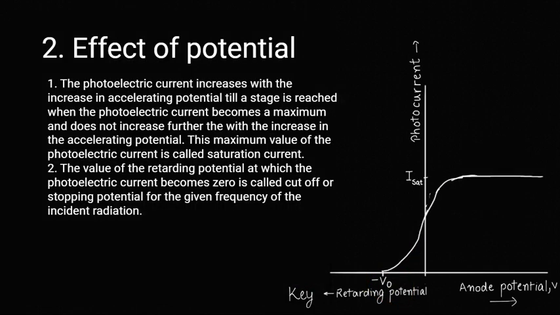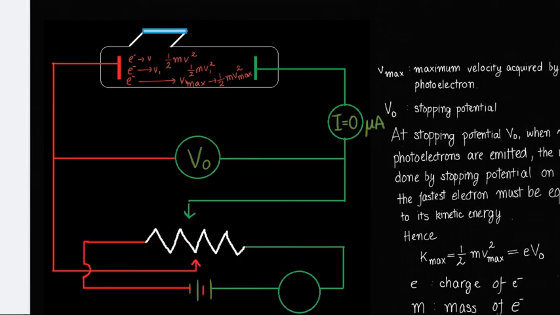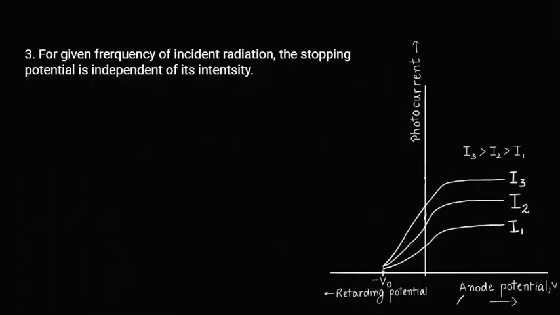So you can add a third point to the effect of potential on the photoelectric current. You can write down: for the given frequency of the incident radiation, the stopping potential V0 is independent of the intensity of the light. No matter what the intensity, the stopping potential will always be the same for the given material.